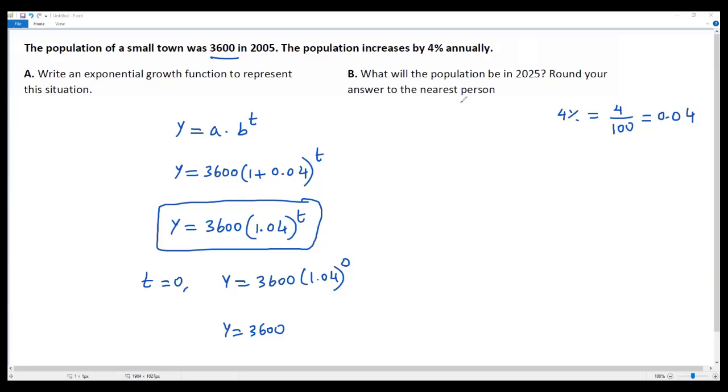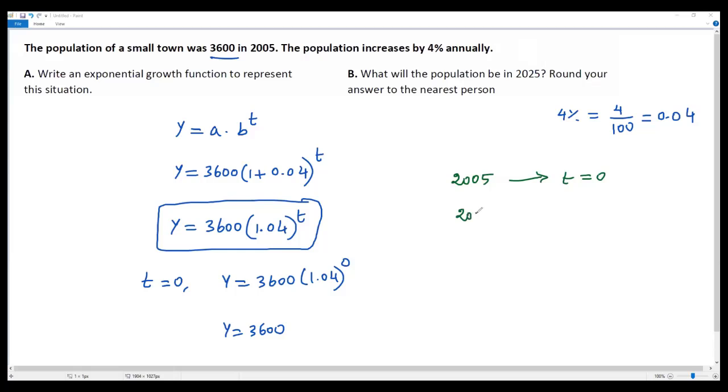Okay, let's answer part B. Part B is to find the population in the year 2025. To answer part B, first we have to find the value of t corresponding to 2025. We already know the value of t corresponding to 2005. For 2005, the corresponding value of t is 0.